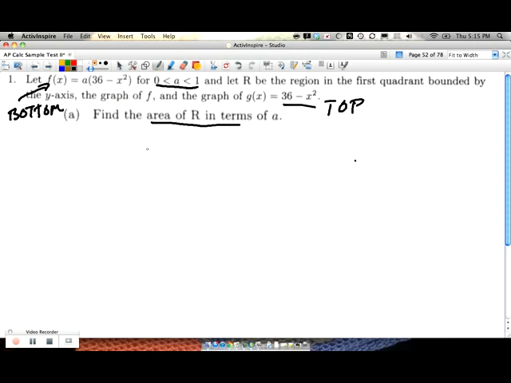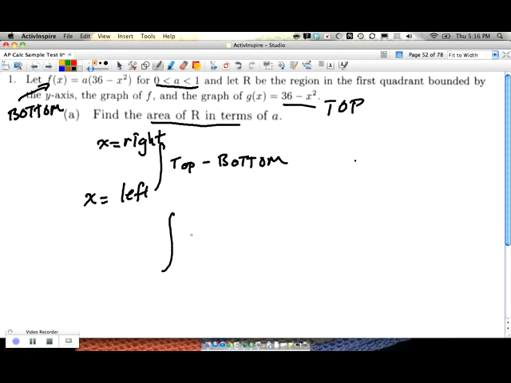Because the area of R, the area of some region, is always the integral from the left side to the right side, x equals left to x equals right, of the top minus the bottom. Now, if we were to translate things into terms of y, that would actually flip-flop where we're doing top and bottom, left and right in here. But let's go ahead and translate it since this is in terms of x.